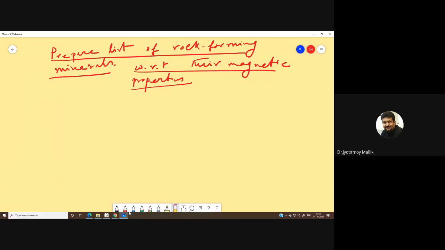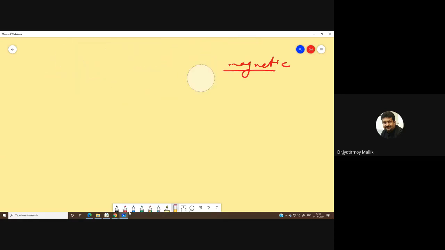Now let us look at the paramagnetic mineral a bit more carefully. For paramagnetic minerals, we have said that it is low susceptibility but positive susceptibility.